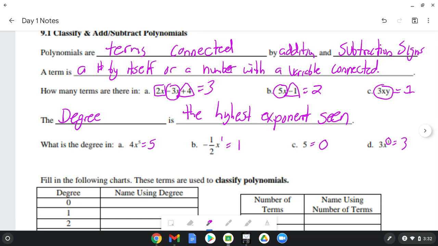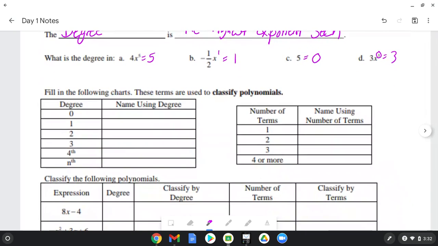So now we can name expressions based on their degree and how many terms they have. Okay, so we can come up with specific names for those. So if we have something raised to the 0 degree, like this number 5 that we had for C, what would we call that? Well, we would call that a constant because it doesn't change.